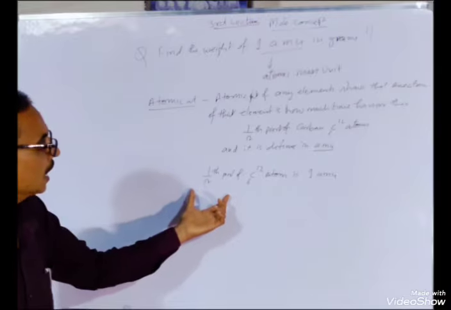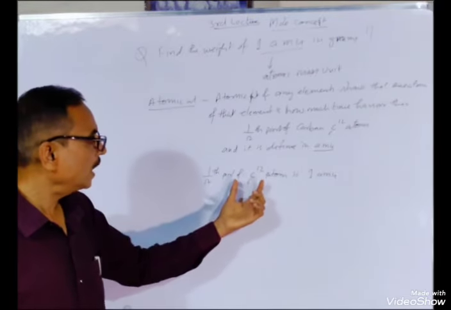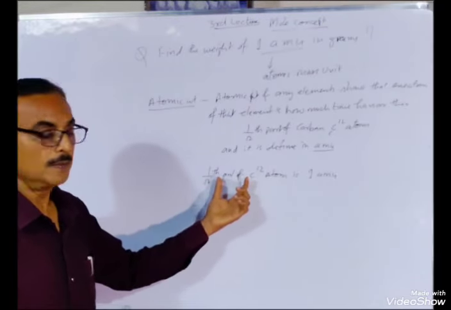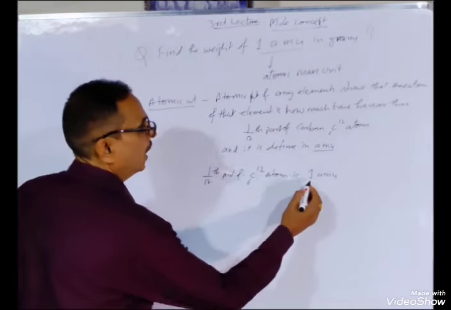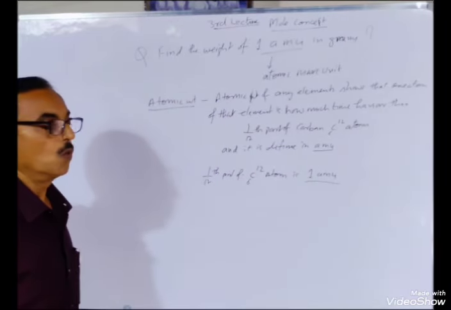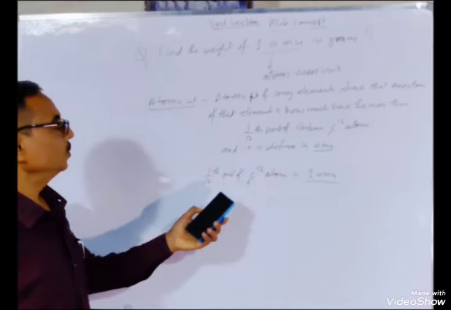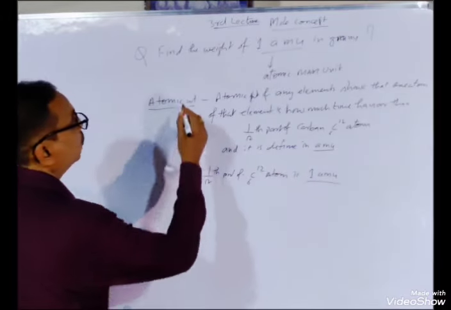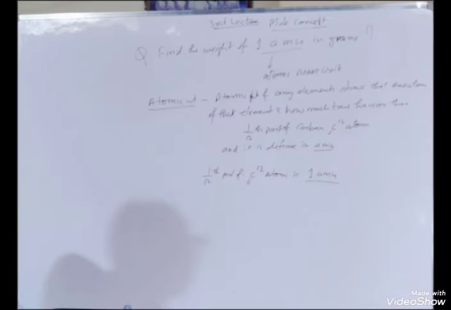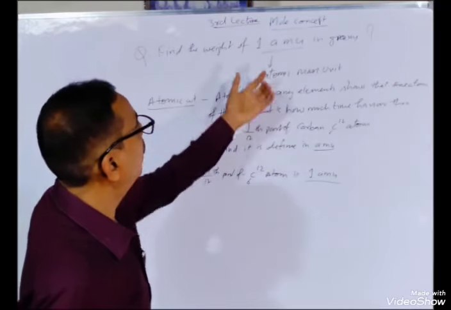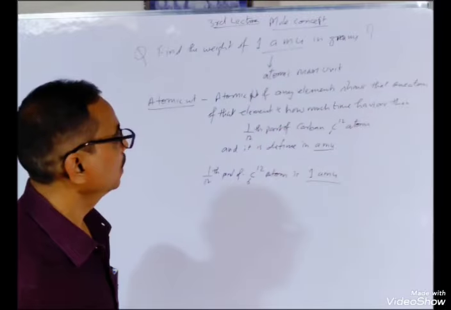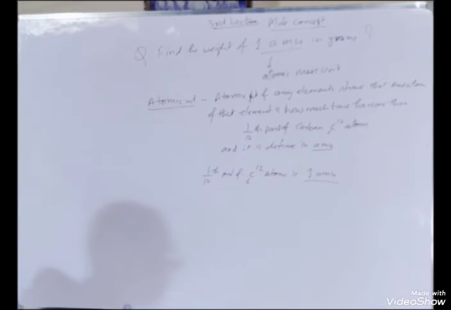So the question is, what is the weight of 1 AMU in grams? How will you calculate?